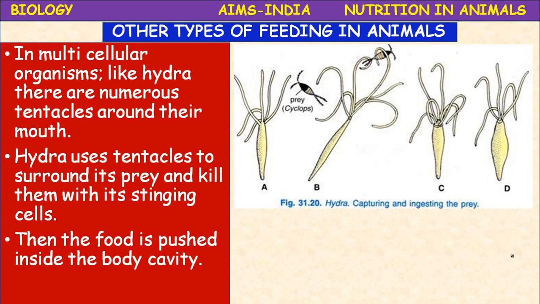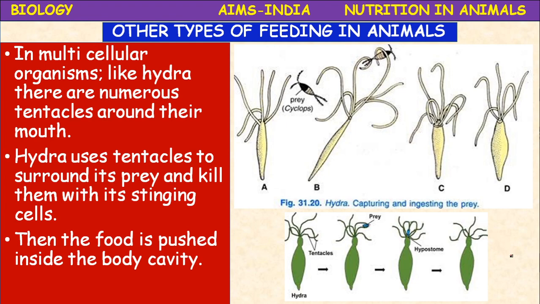So this Hydra traps it with the help of tentacles, catches the prey, and then it swallows it. The tentacles itself contain some stinging cells inside, with the help of which it kills the prey and then pushes it into the body cavity. Okay, like this.